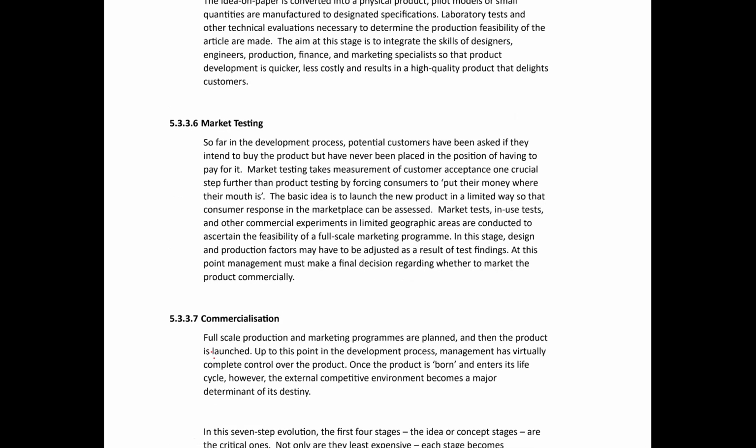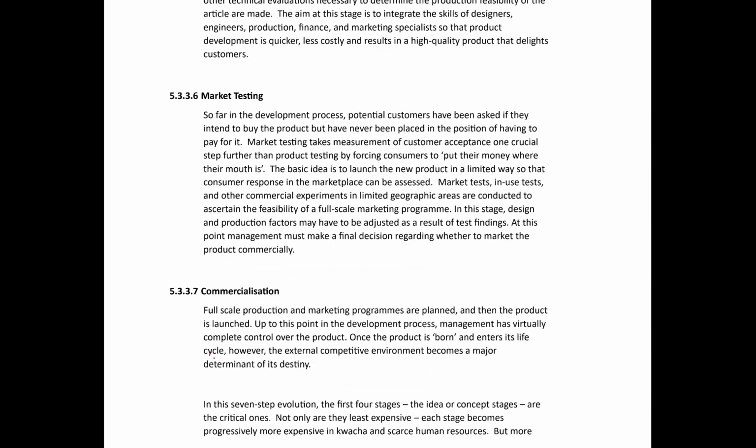The next stage I commented on was market testing. All right. So you see the development process has been seen already. The potential customers have been asked if they intend to buy the product, but have never been placed in the position of having to pay for it, right? So market testing takes measurement of the customer acceptance one crucial step further than product testing by forcing customers to put their money where their mouth is.